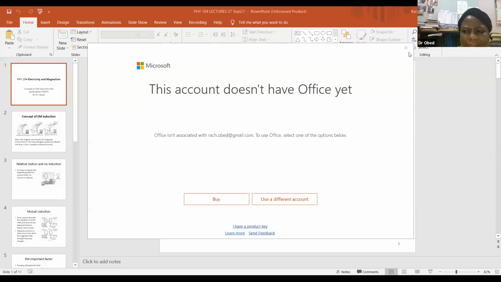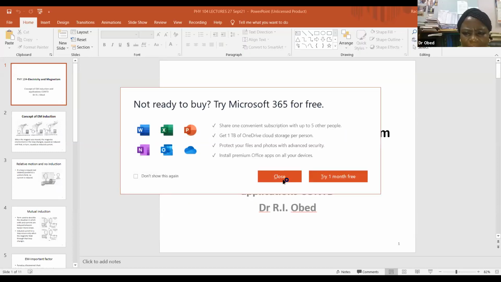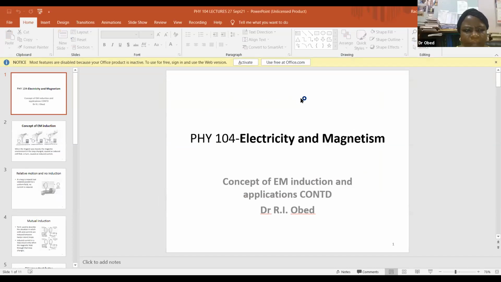I'm trying to pick the file to share. Okay. I think I should be able to get it now. I hope you can all see my screen. I think so.